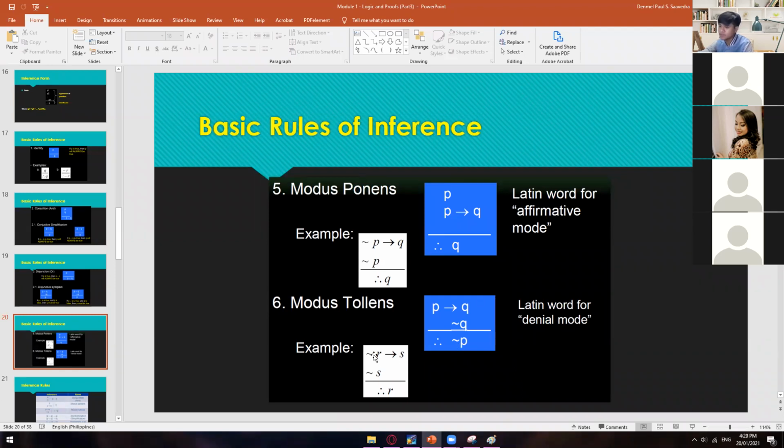The same with this one: assuming that negated R is true, and S is also true, and we've proven that this S is actually false. With this kind of setup, this one is in denial mode again, so we have to negate your hypothesis as your conclusion. From negated R, it will become positive R, right?